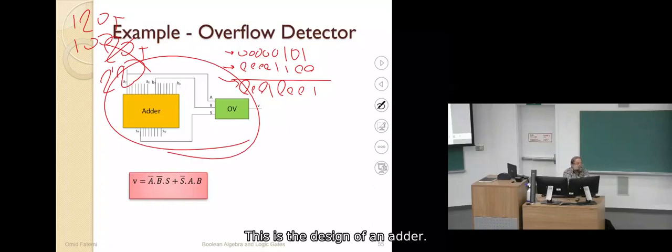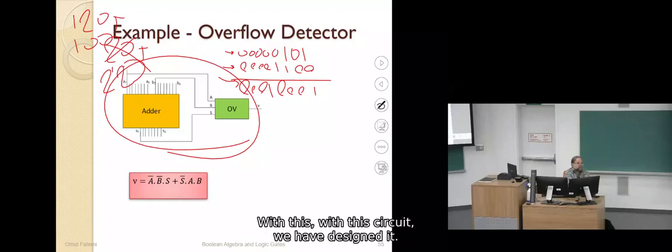This is the design of an adder, and it will be used in the processor. In the processor, we have a unit for adding. We call it ALU, arithmetic and logic unit. So it will add two numbers. How does it add two numbers with this circuit?